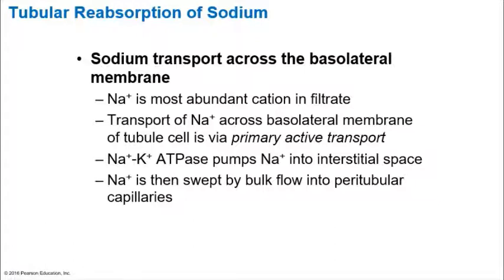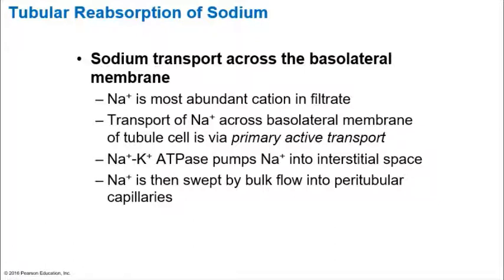Figure 26.17 shows you a nephron and the renal tubules, and in the little blue boxes, it's showing what's reabsorbed, and in the green boxes, what's secreted. Basically, know this little graph. It's going to help you. But we're going to go through it all slowly.